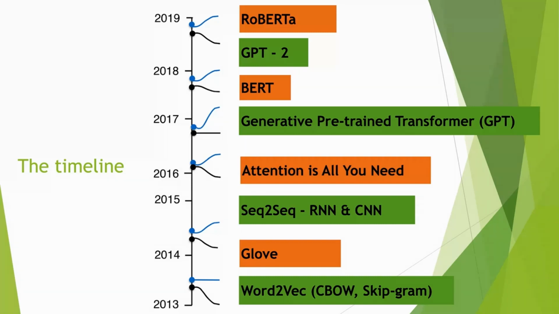And then after that, we had the first paper publication called ELMo. ELMo is embeddings from language models, and it's funny because ELMo is similar to the cartoon character Elmo.